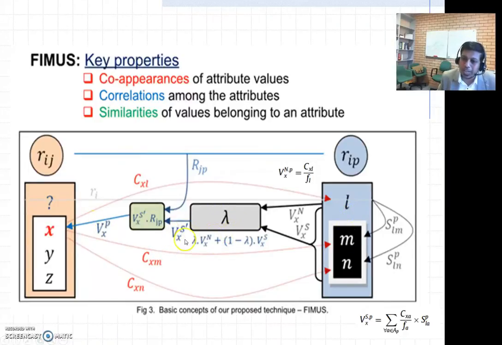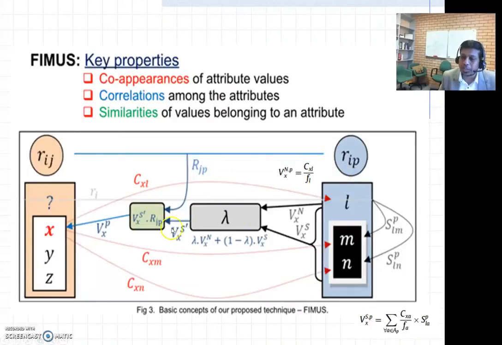So once we get this imputation voting for L, M, and N, the next thing we do is multiply that with RJP. RJP is the correlation between the jth attribute and the pth attribute.